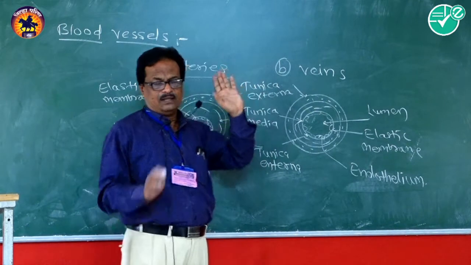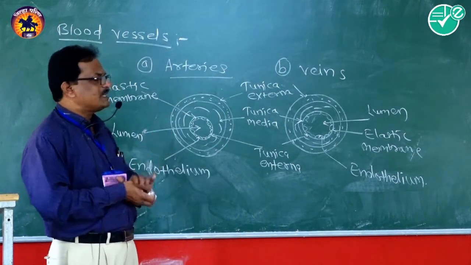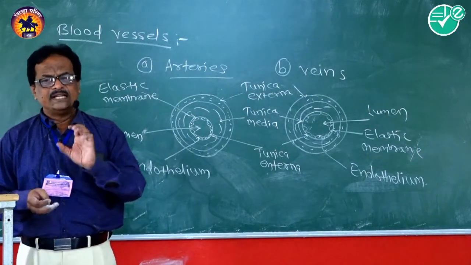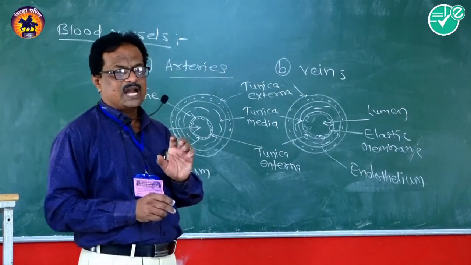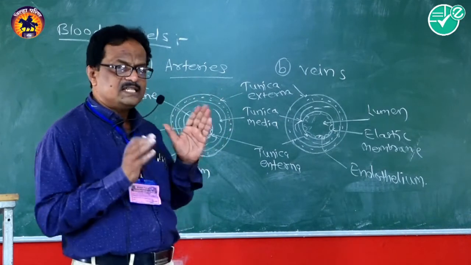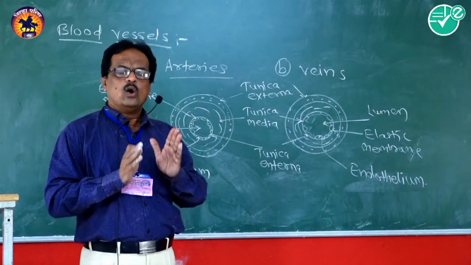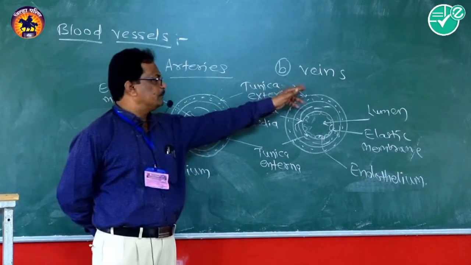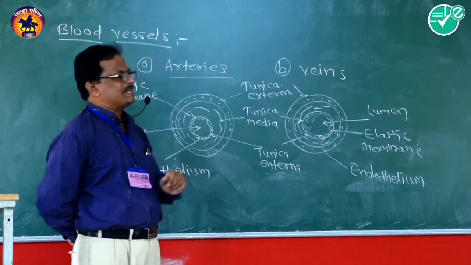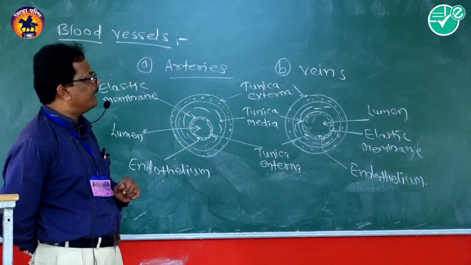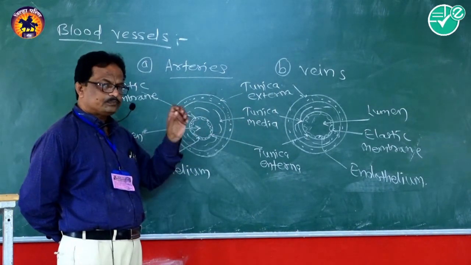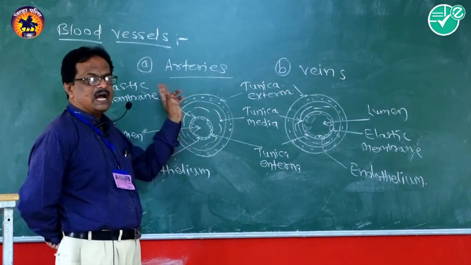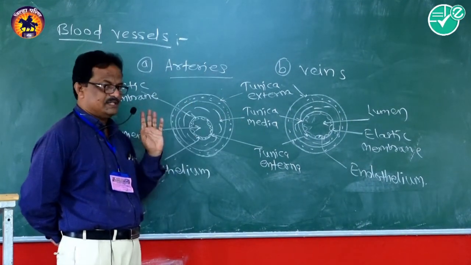The main difference in the histological structure of arteries and veins is the tunica media. The tunica media in arteries is thicker and more elastic, while the middle layer in the histological structure of veins is less thick as compared to the tunica media of the arteries.